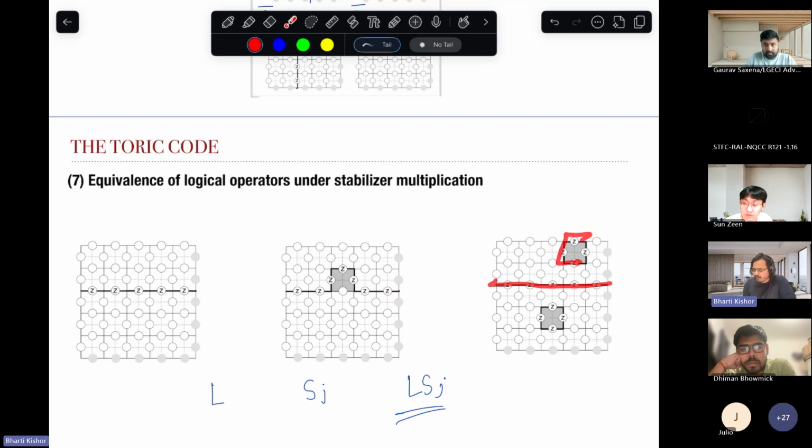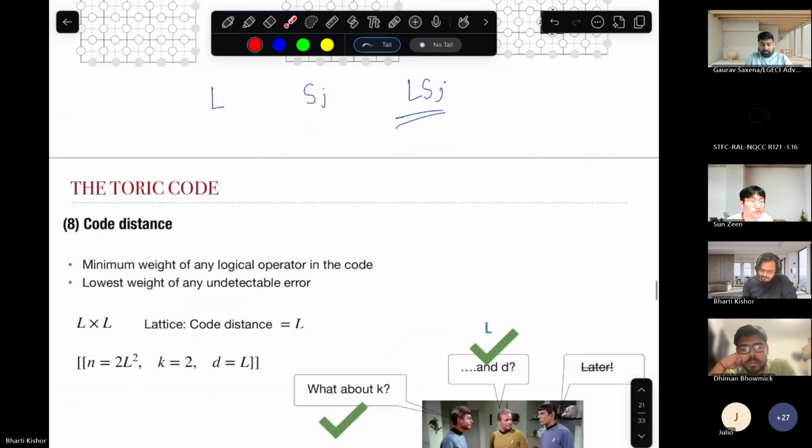You can even take something like this. This is also a logical operator, because this is a logical operator and these are stabilizers. So you can get 2 to the power m equivalent logical operators, because there are 2 to the power m stabilizers, and you can take L Sj, which will represent the same logical operator.